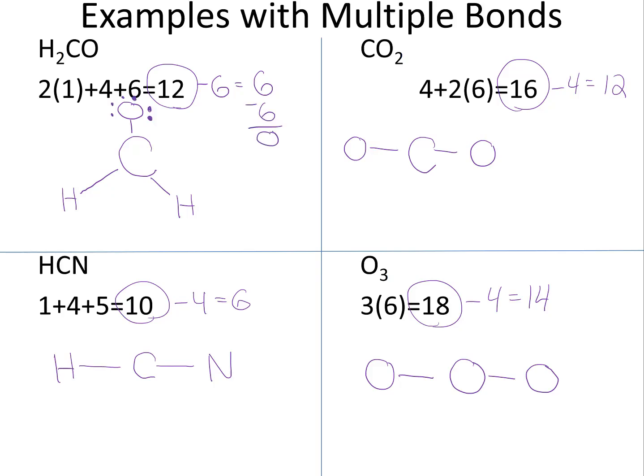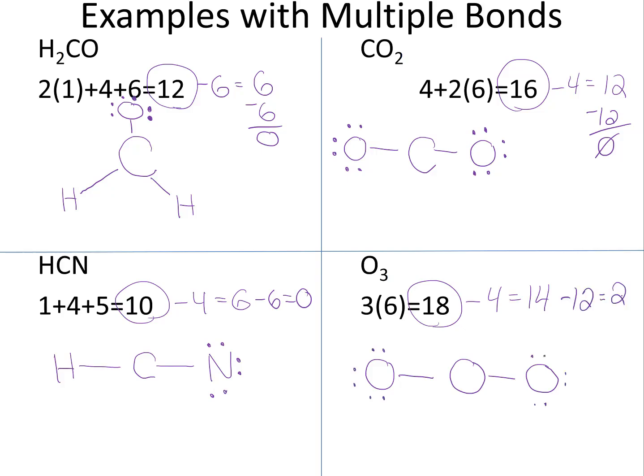In carbon dioxide, each oxygen will need 6 additional electrons around them. In HCN, the nitrogen needs 6 additional electrons around it. In ozone, the terminal oxygens each need 6 electrons around them.